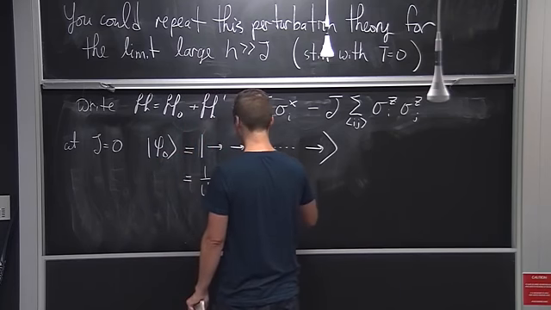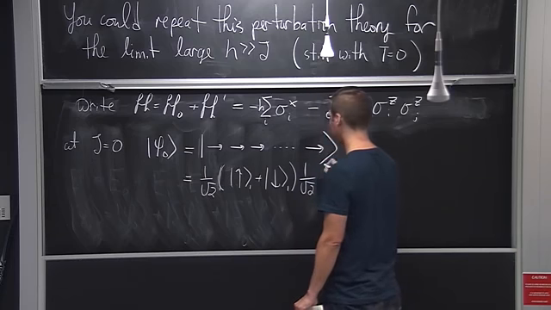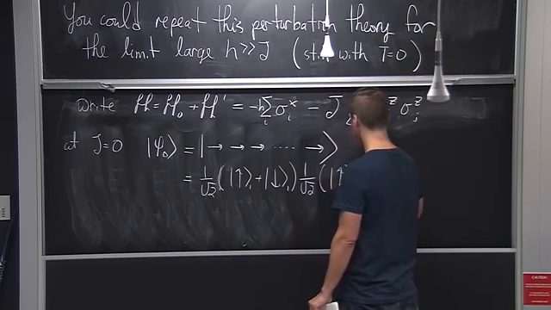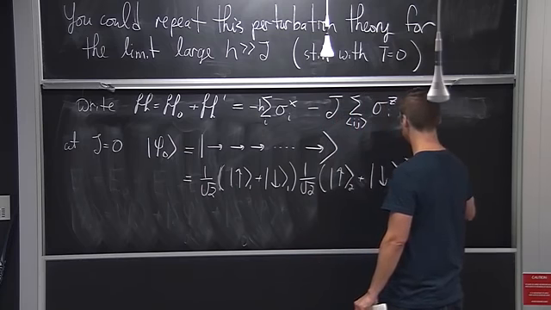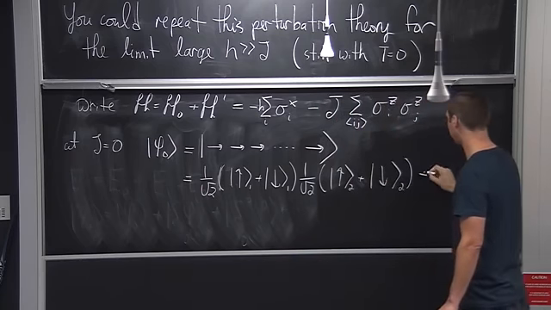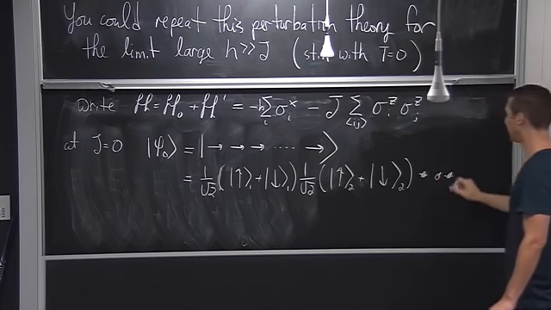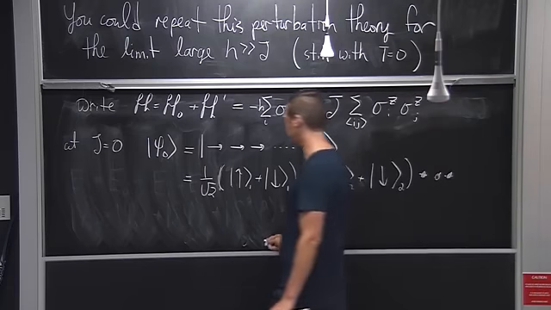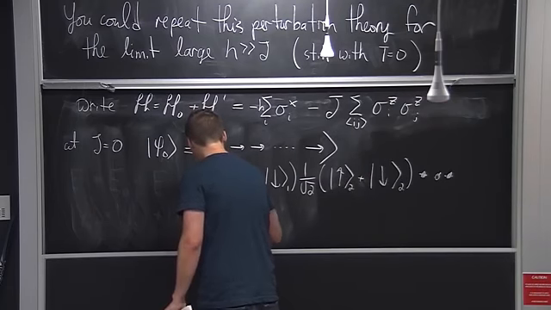Up, multiplied out to n, and this is just the tensor product, which I could write maybe like this.